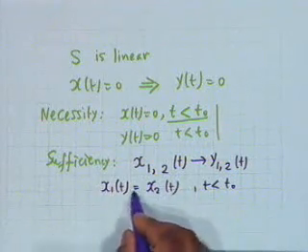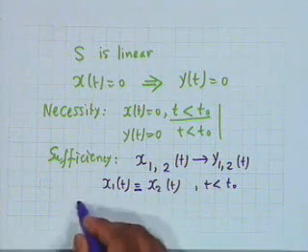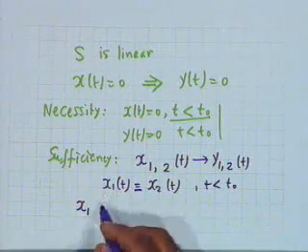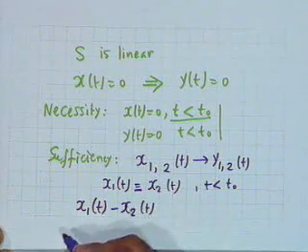We take two inputs, x1 and x2. If they are identical till a certain time t0, then the output should be identical till that time t equal to t0. So to show sufficiency, we take two inputs, x1 and x2, and we constrain them such that x1 and x2 are identical till t equals t0. Then we apply a trick. The system is linear, so let's apply x1 of t minus x2 of t to the system.